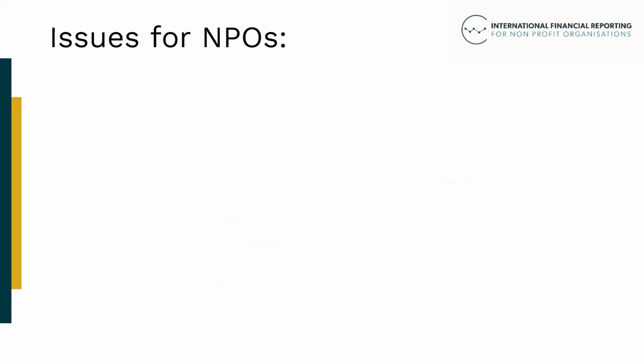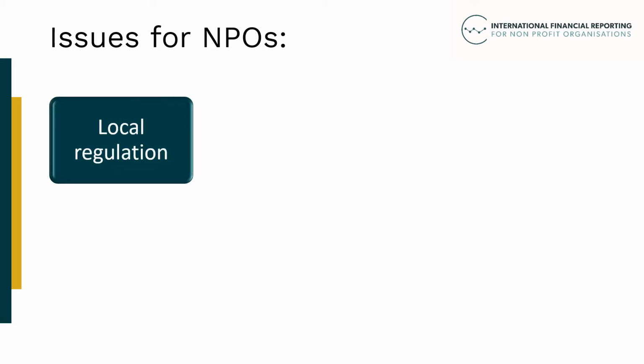Having described how NPOs can be organised, we now look at some of the key issues for NPOs in identifying reporting entities. NPOs need to follow the requirements of local regulators, which will influence the way in which reporting entities are identified and subsequently treated. Differences in regulation can occur within a single jurisdiction as well as between them.